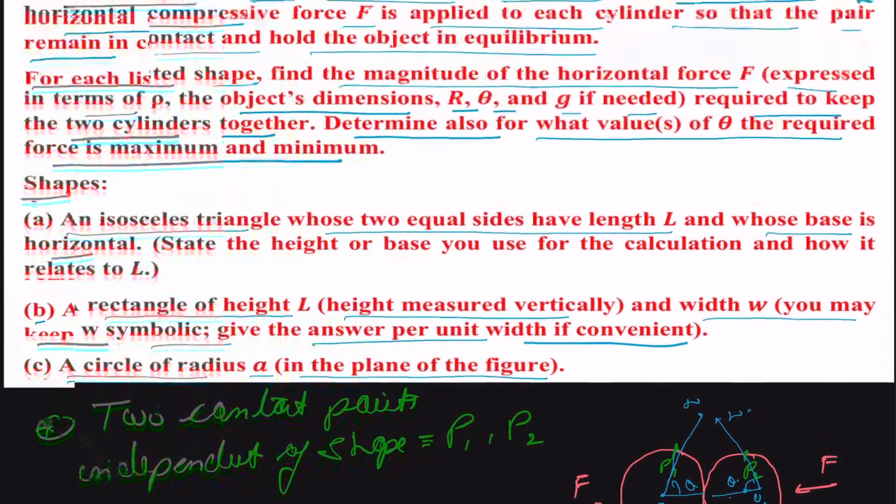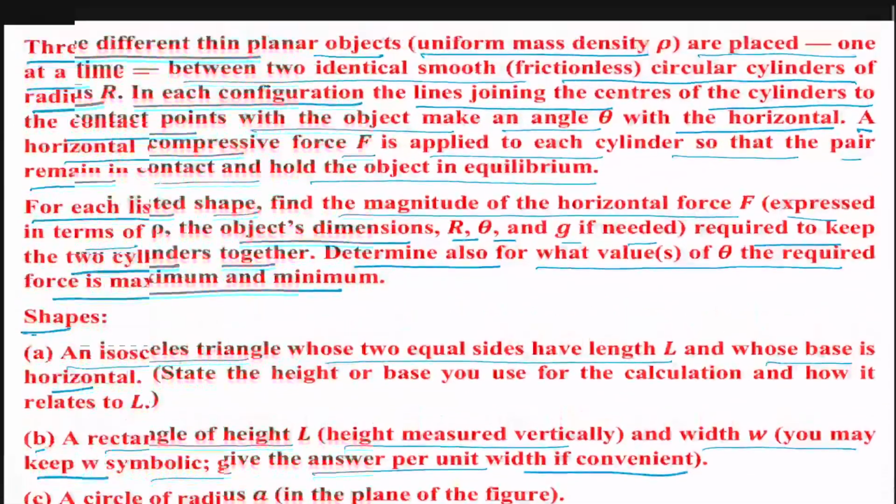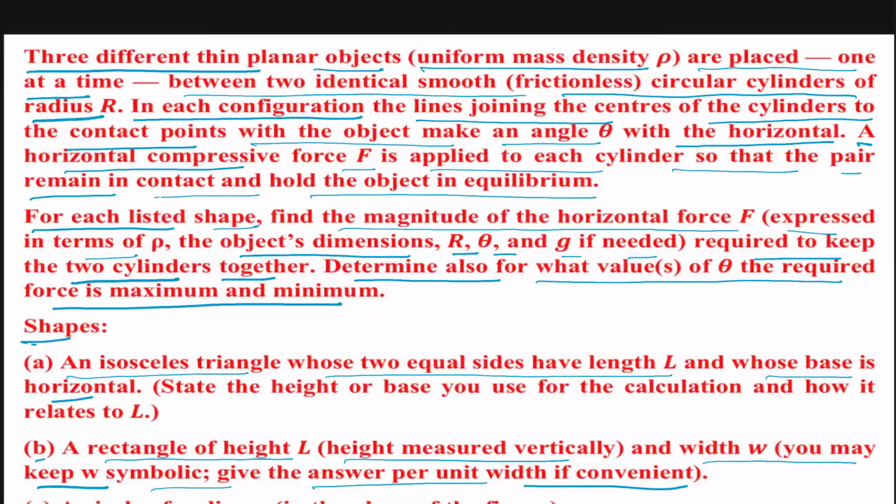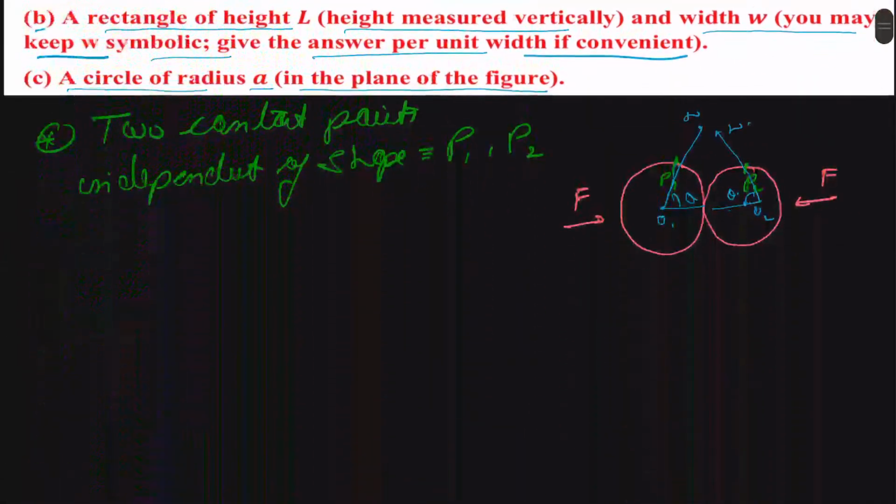And we are given that rho is the uniform mass density. Therefore, in general, we can say that the mass density is given as rho.